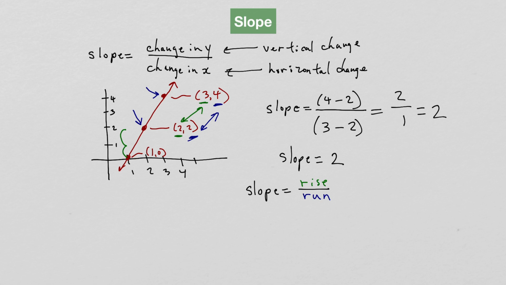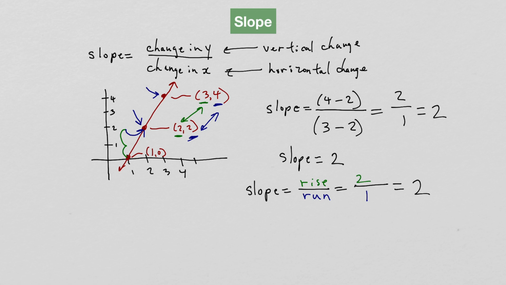So we would write 2 because we went up 2, or rose 2, and then we're going to run to the right one place. So we're going to write 1 down here, and that gives us a slope of 2.